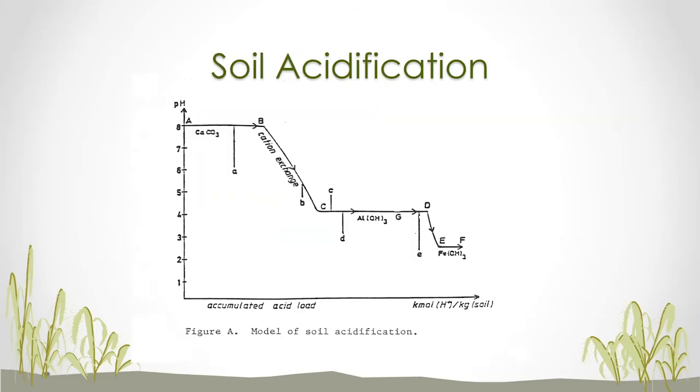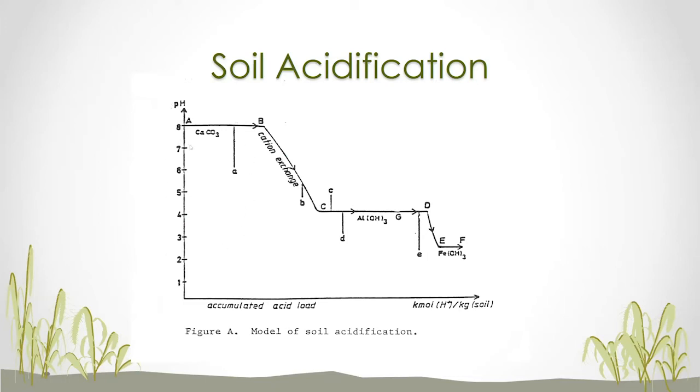So let's take a look at that, qualitatively anyway, as we look at the change in soil pH with increasing amounts of added acid to the system. Down here on the bottom axis, you have increasing acid load, and on the y-axis, you have the soil pH.